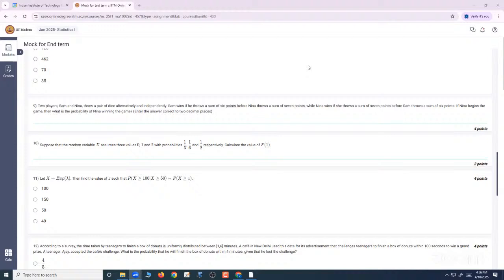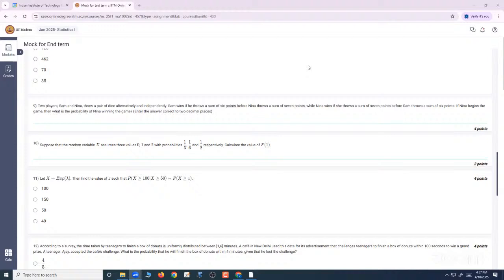Just a second. In the second trial, you told me that Nina wins. The condition for Nina to win should be that she wins before Sam throws the sum of 6 points, right?